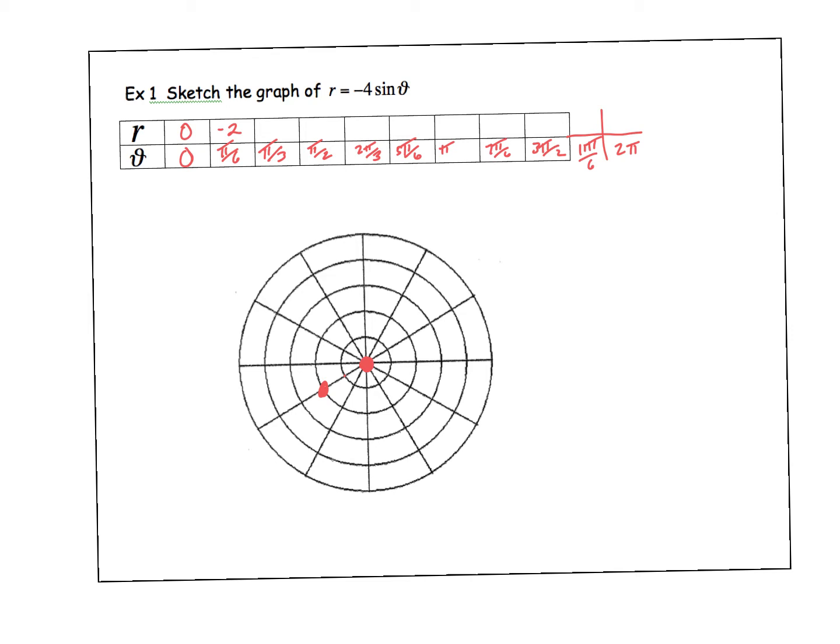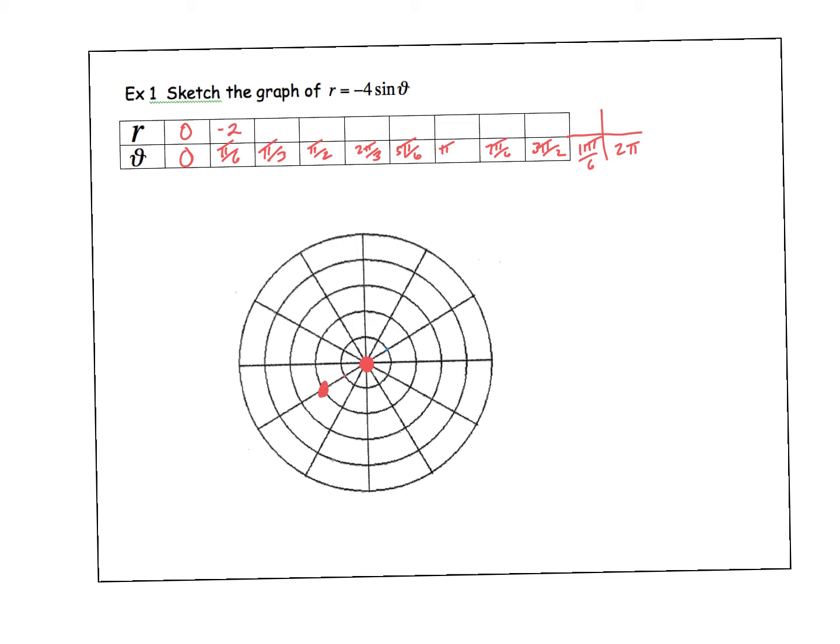Does that make sense? So again, for the angle of pi over 6, I start right here. Because the r is negative, I walked backwards from the center to that spot. There's our second point.